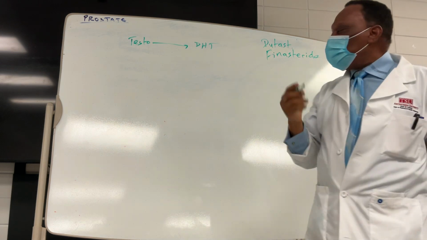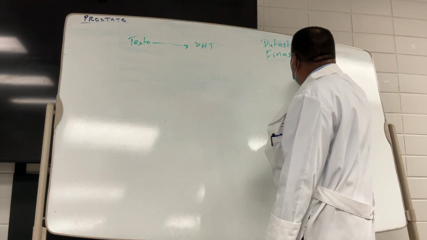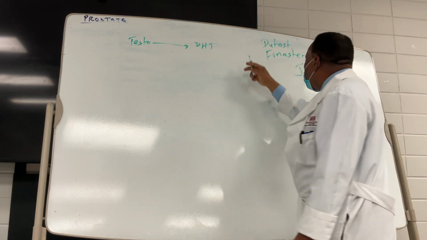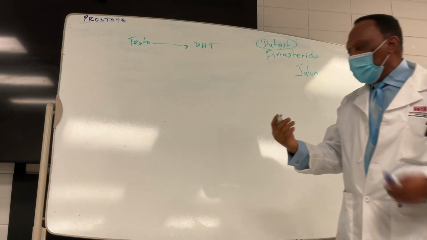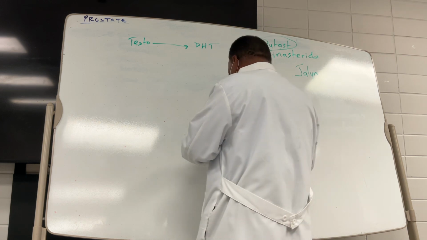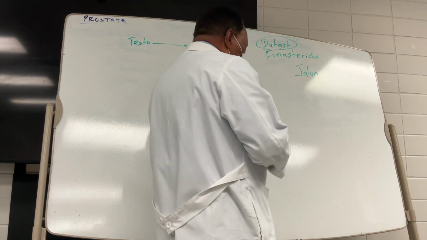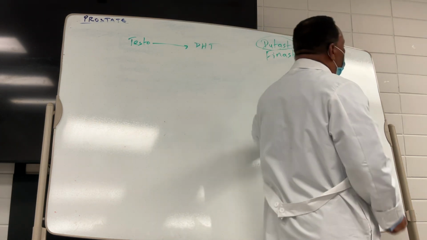That can be used. There's a product called Jalyn, which is actually a combination of dutasteride plus your alpha 1 inhibitors.